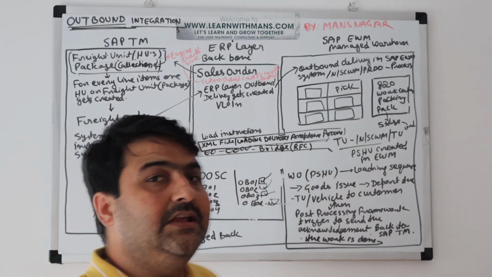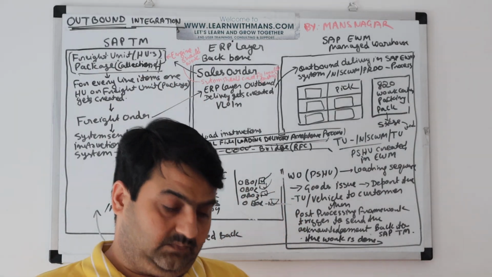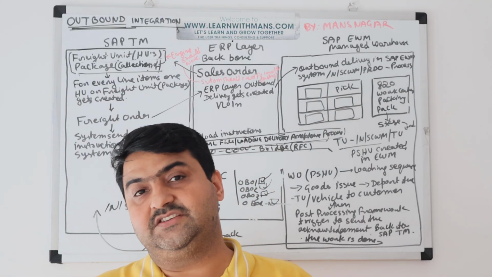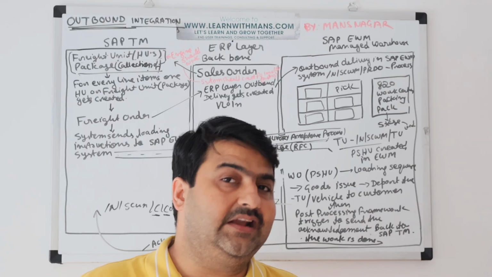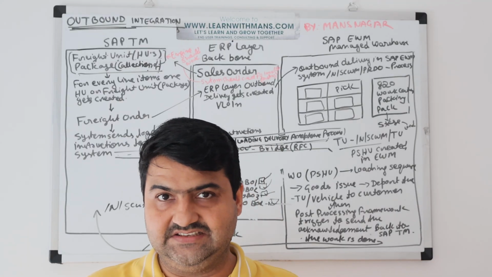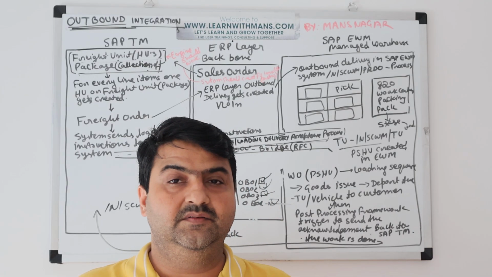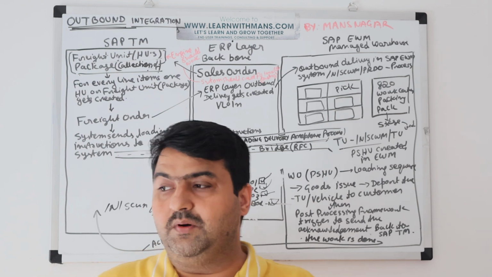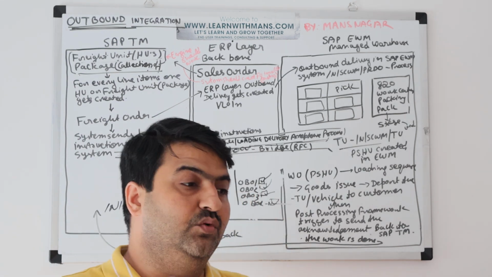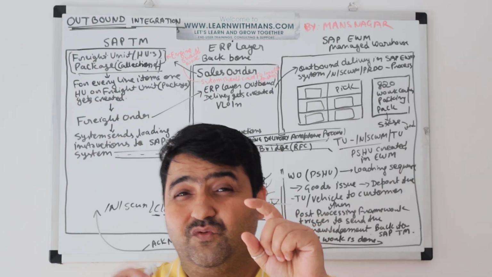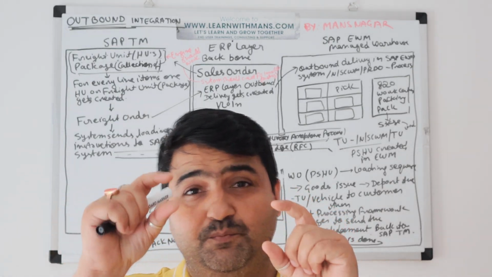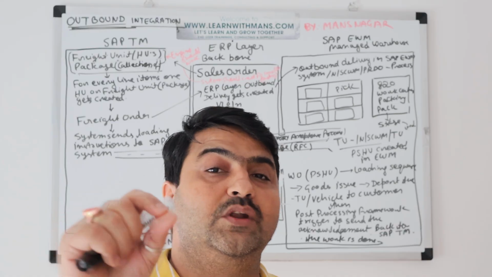Suppose the system is creating it immediately. How? If you want the system to create the freight unit automatically, immediately, how can we do that? Yes, we know a lot of things we can do automatically through the post-processing framework. But here, similar to post-processing, we have the control keys.